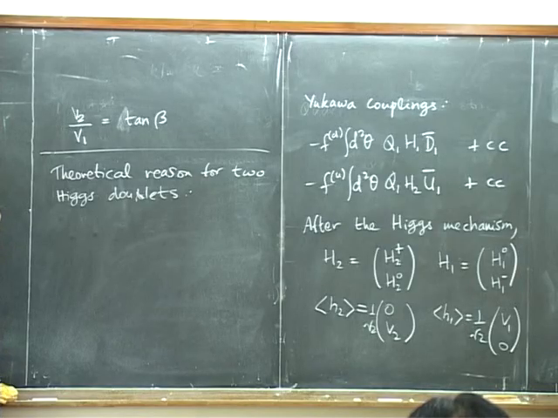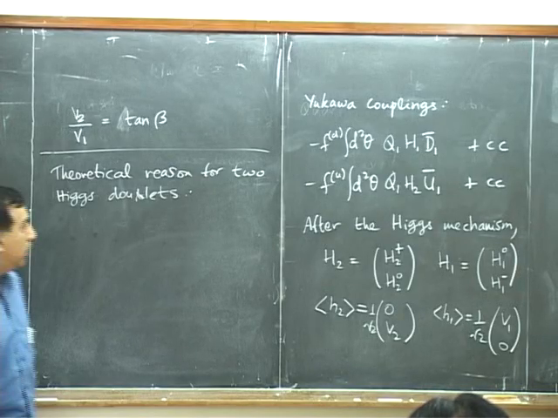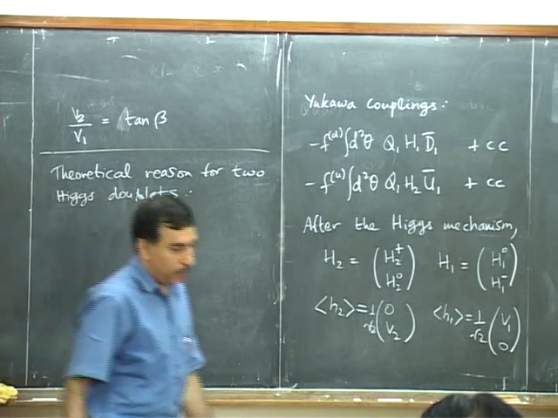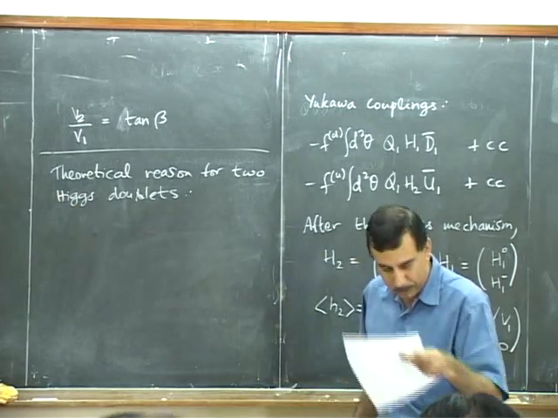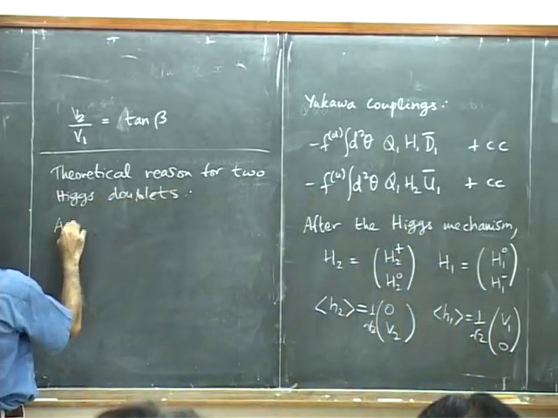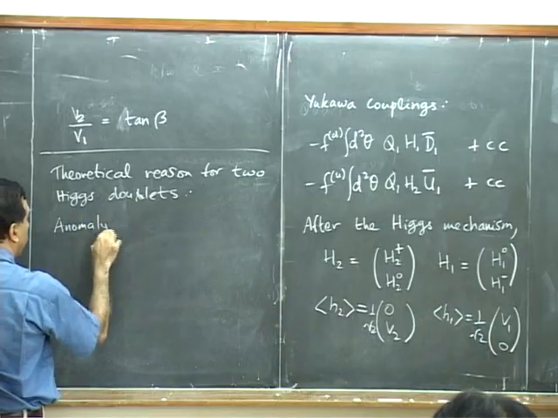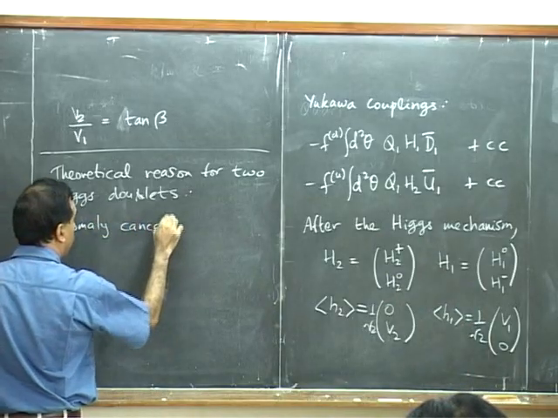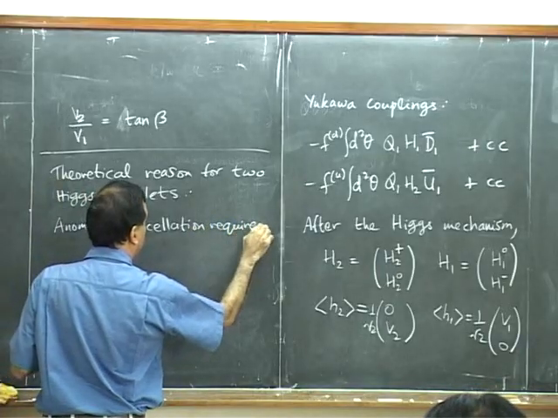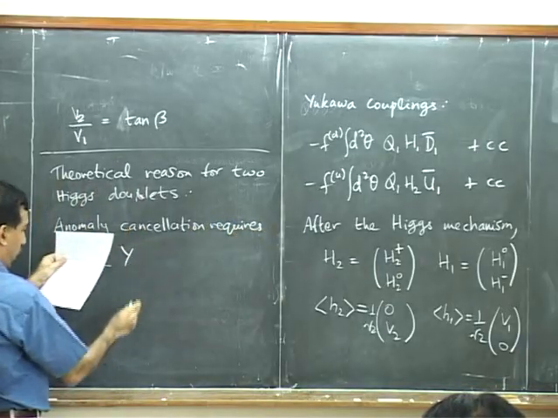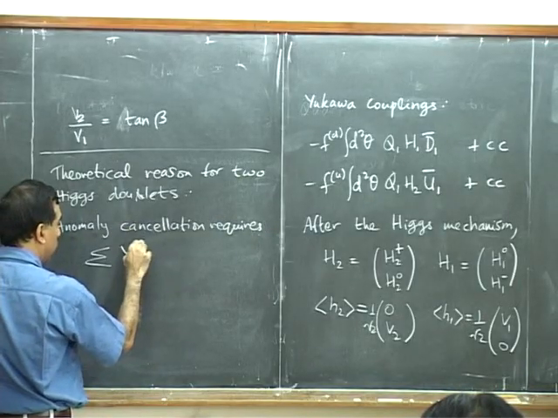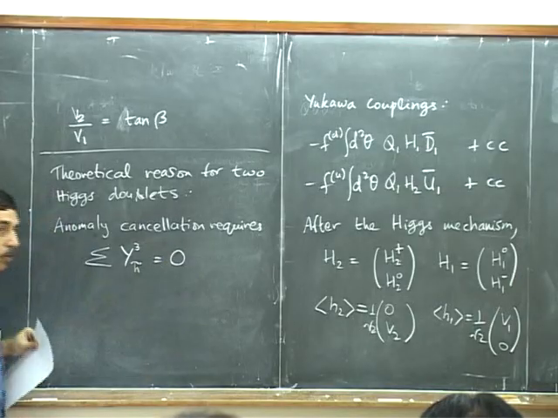It turns out that with one Higgs doublet, you get a contribution to the anomaly which is proportional to the hypercharge Y cubed. So anomaly cancellation requires the summation of the hypercharges of the Higgsinos cubed to be 0.